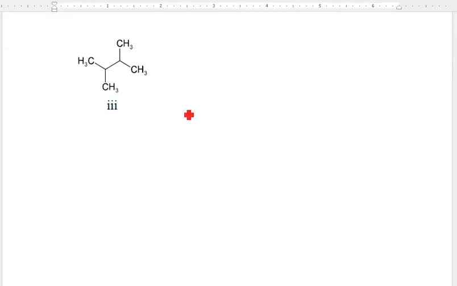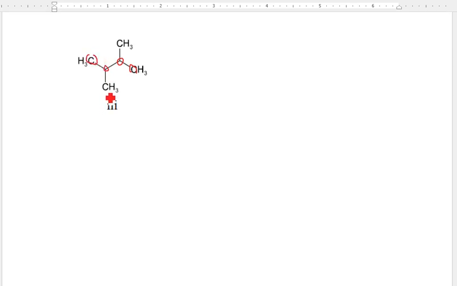So we have a carbon here. This one is a carbon. We have a carbon there. This one is a carbon. We have a carbon there, and we have another carbon there, as well as another carbon there, and another carbon here.